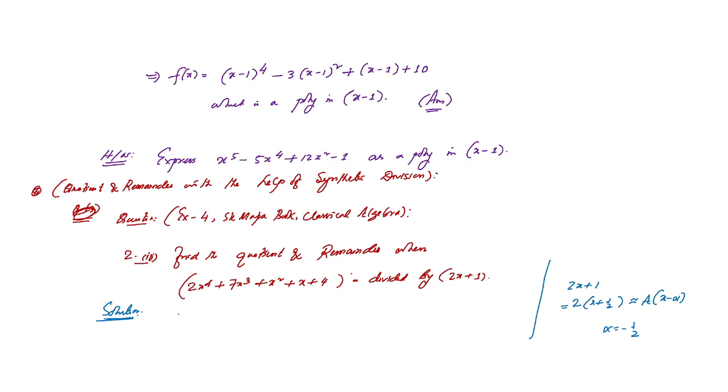So first we'll write here our fx. Our fx equals 2x to the power 4 plus 7x cube plus x square plus x plus 4. Now we divide fx by 2x plus 1. So what will be the synthetic division?